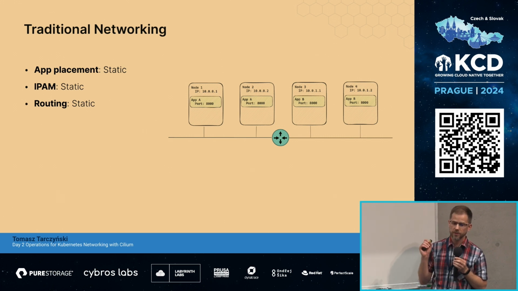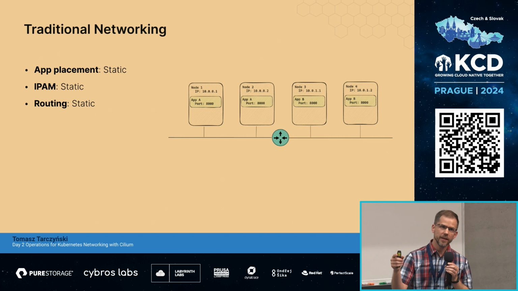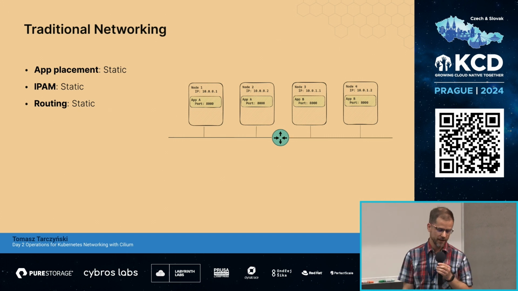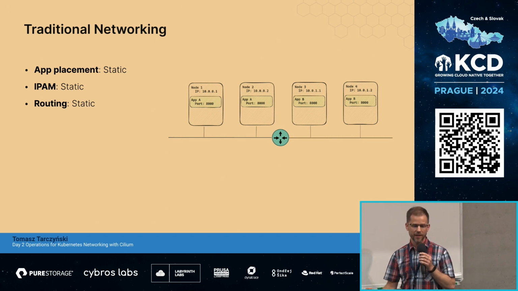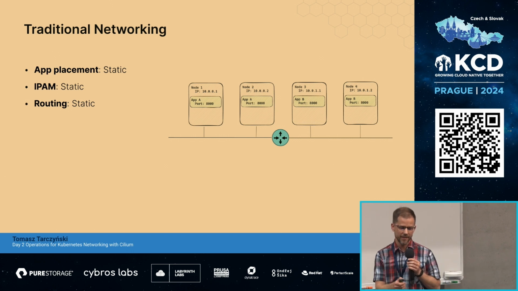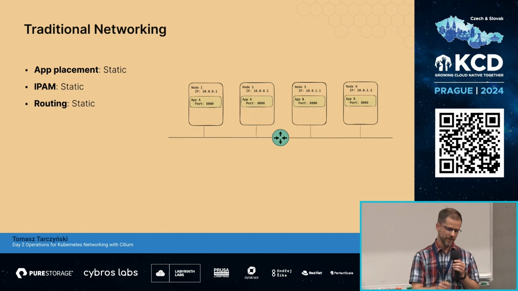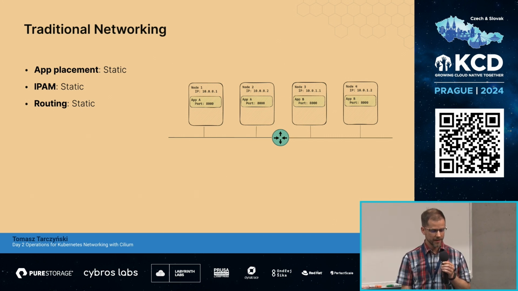Thinking about Kubernetes networking, I wanted to take even one step back and start with how traditional networking looked like. Back in those old days, you tended to run your applications statically on a given node. Then you gave them static IP addresses.